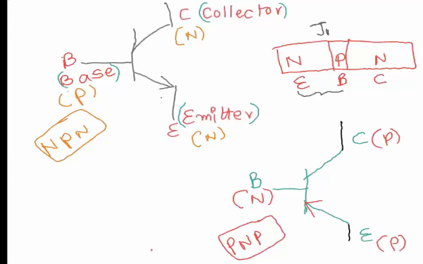Another junction is between base and the collector. So a transistor is a two junction, three terminal device. One PN junction is between base and emitter, and another PN junction is between base and collector, which is J2. Same thing for the PNP as well. Two junctions. One is between base and emitter. Another one is between base and collector.